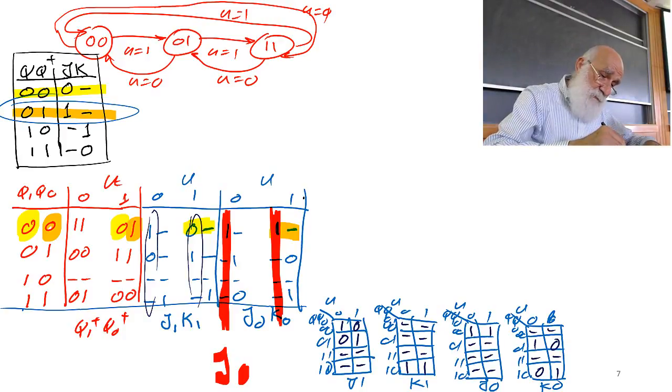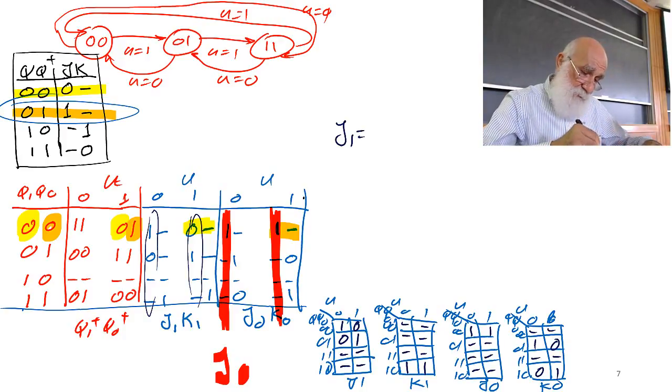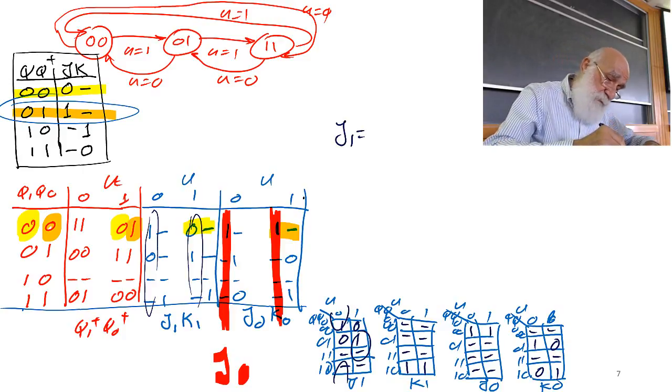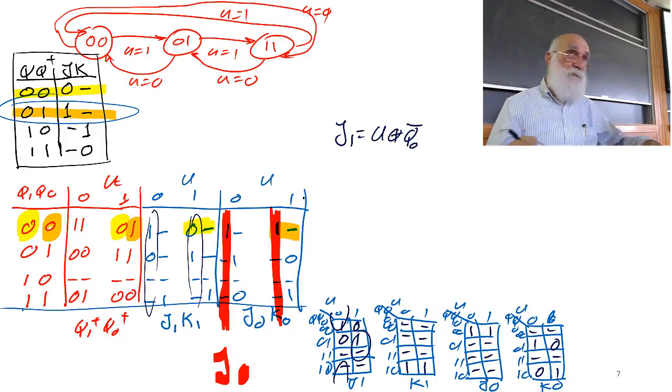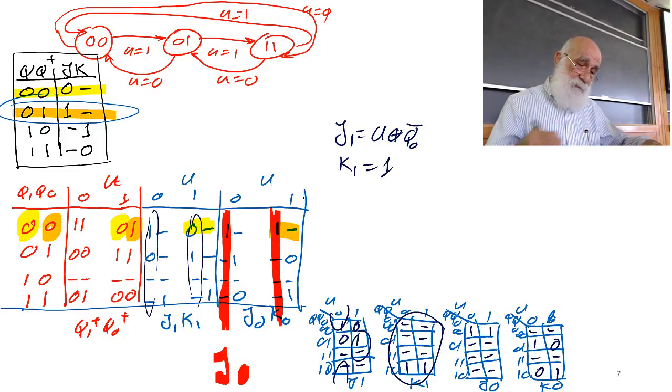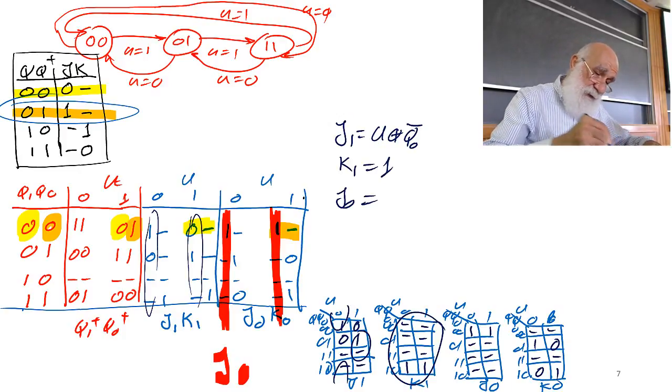and now my J1 is, okay, nicely, XNOR of U, Q0, U, Q0 bar. K1 is 1. J0 is 1.